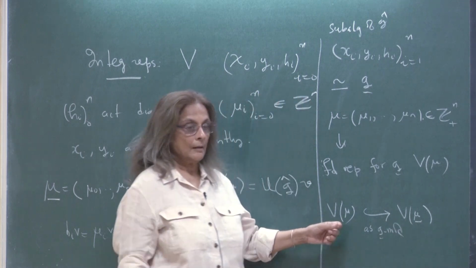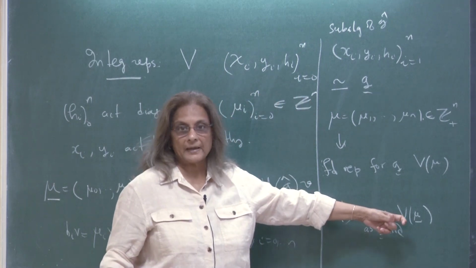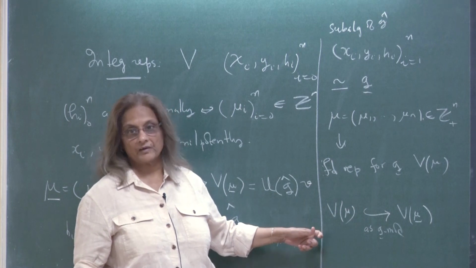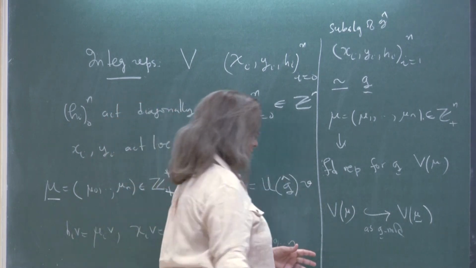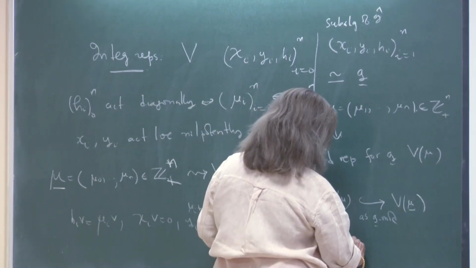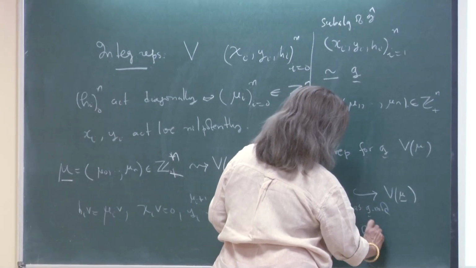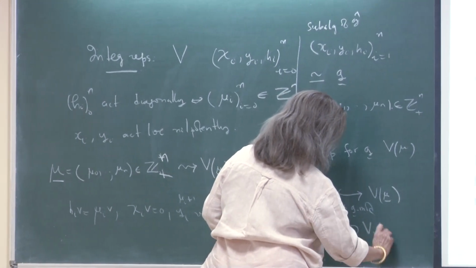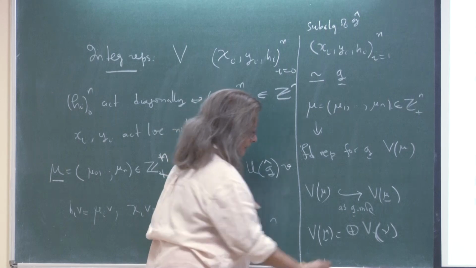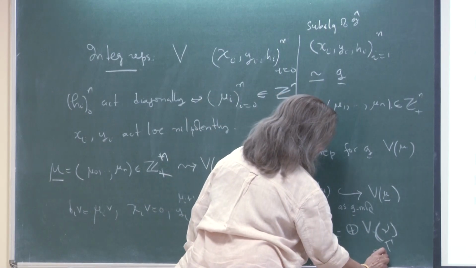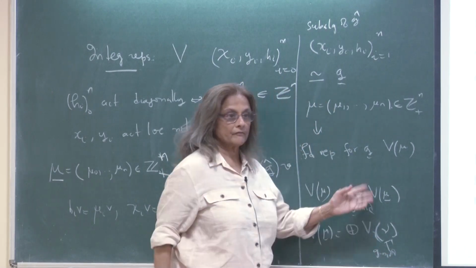But this space is infinite dimensional, whereas this is finite dimensional. So there are many more g components. V mu underline is equal to a direct sum of V nu. These are g modules, but there are very many of them with multiplicity.